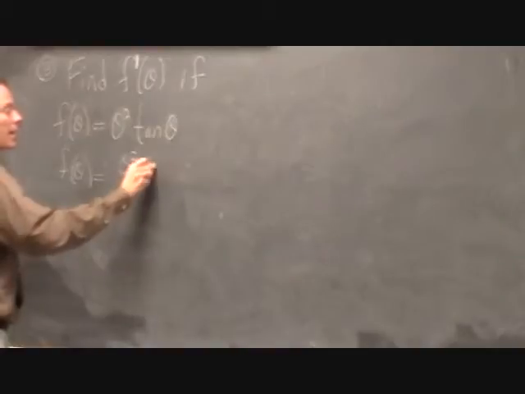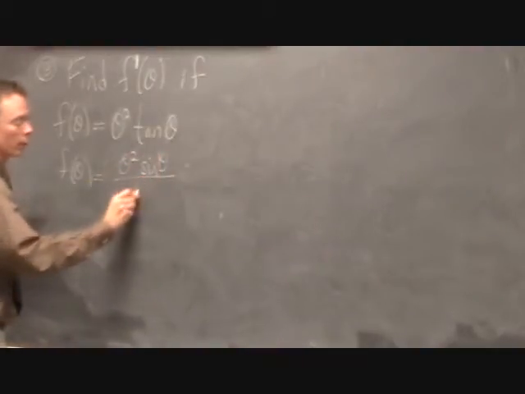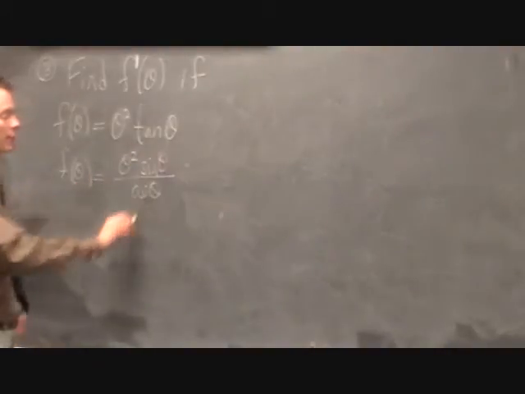So let's rewrite this thing as theta squared sine theta over cosine theta. And the sine over cosine portion is taking the place of what used to be called tangent. And it's a quotient now, so we'll use quotient rule.